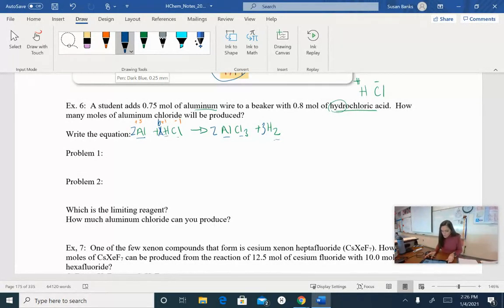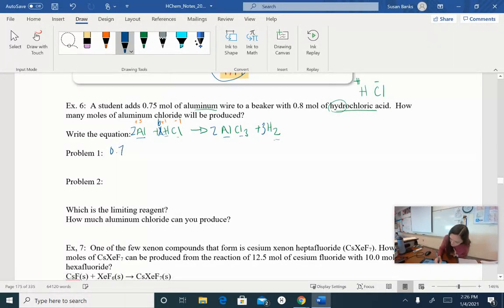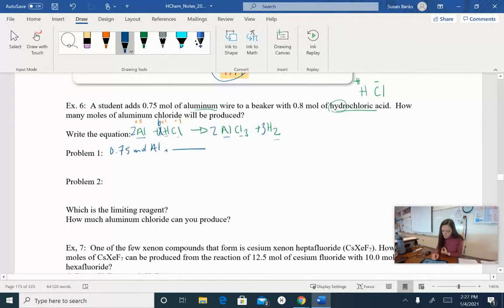Okay, so we have 0.75 mole of aluminum and 0.8 mole of hydrochloric acid. We're going to take them one by one. So if I have 0.75 moles of aluminum, remember stoichiometry, I'm going to look at aluminum in relationship to aluminum chloride.